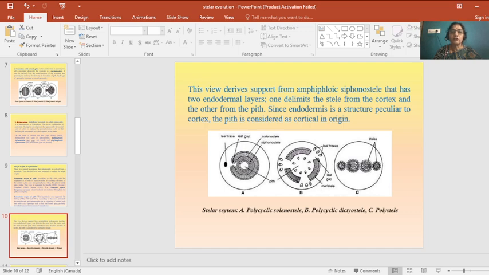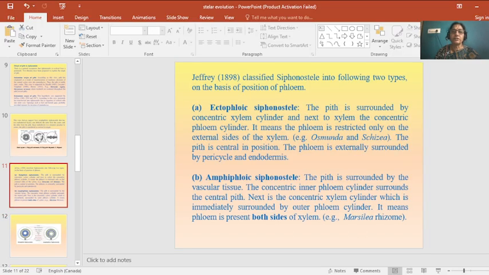This view derives support from amphiphloic siphonostele that has two endodermal layers. One delimits the stele from the cortex and the other from the pith. Since endodermis is the structure peculiar to cortex, the pith is considered as cortical in origin.